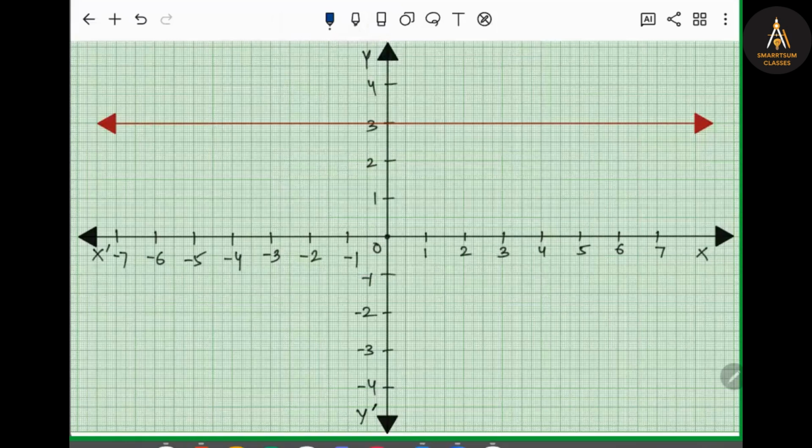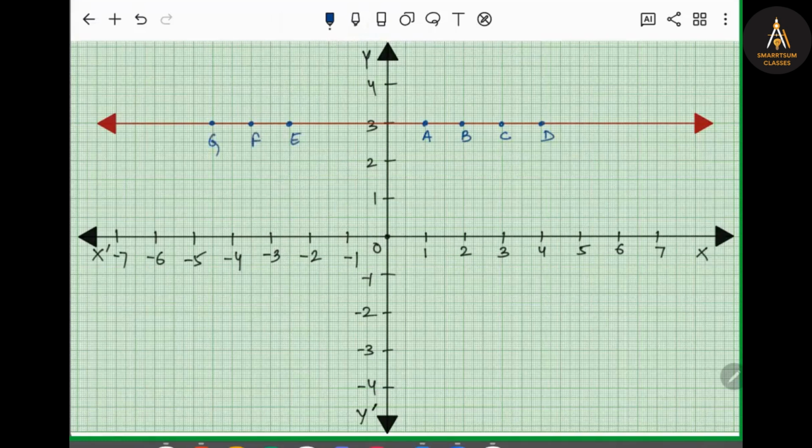Similarly here, let me take some example this side. Just find out the coordinates for these points which are present on this line. Suppose this is point A, B, C, D, E, F, and G, right?